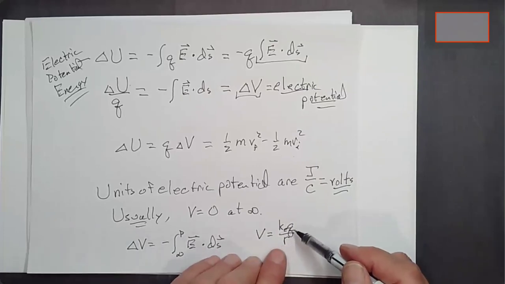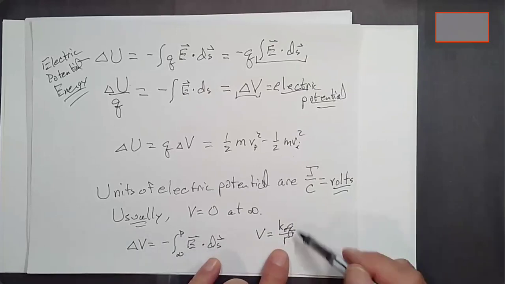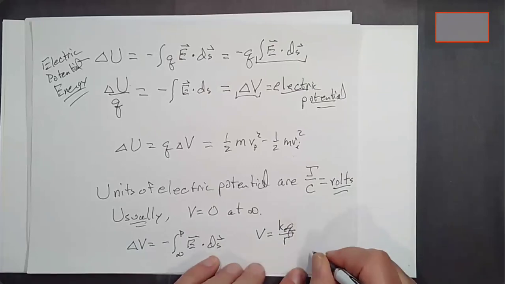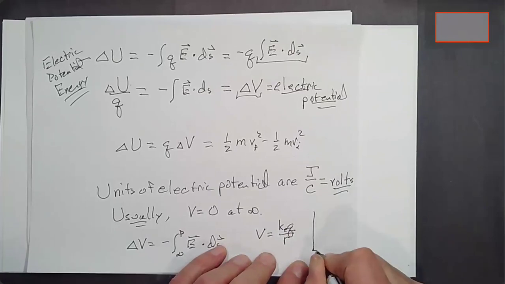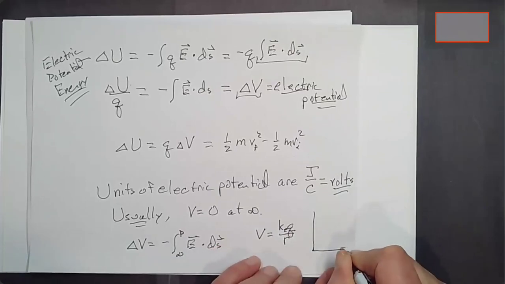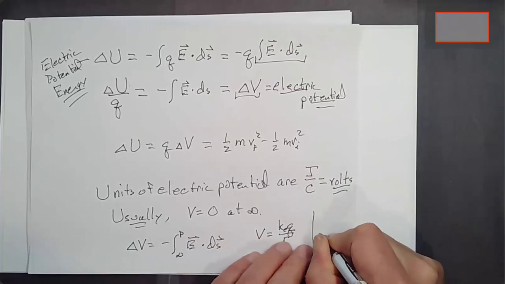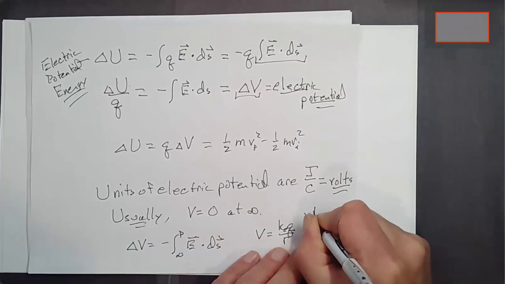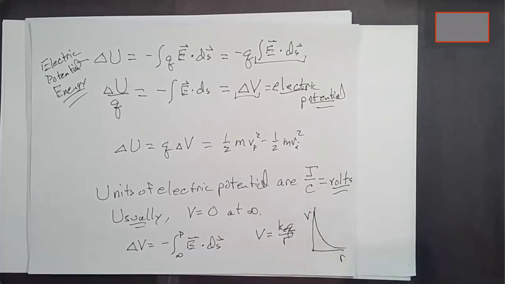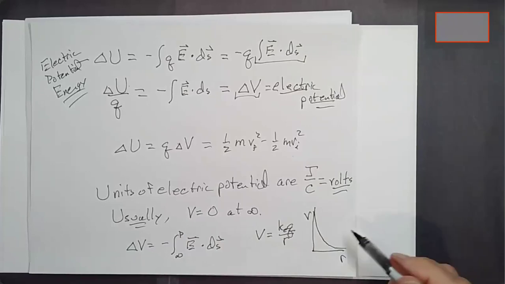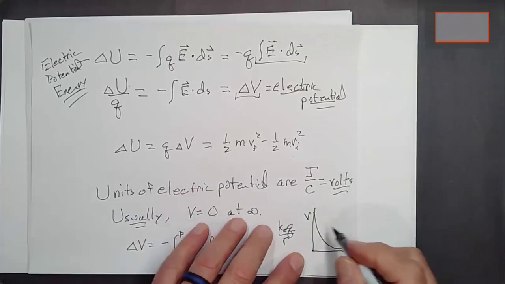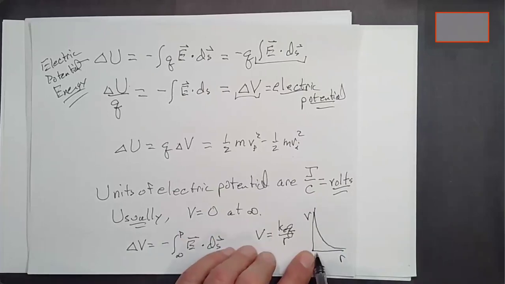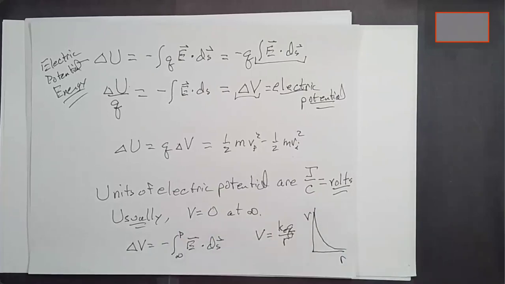So if it's positive, and it also blows up as you get very close to the thing. And so the electric potential of a positive charge, you make a graph of V versus R, it blows up when you get close to the thing. If it's a negative charge, it drops down. It's just a mirror image of this reflected across that line, but that's what it might happen to be.